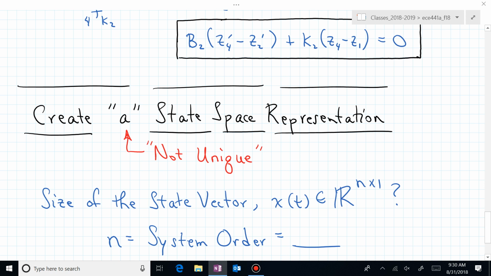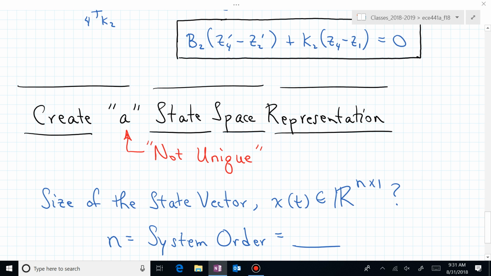Does that make sense? It's just because you might label your system differently than I labeled mine, and you might stack your variables in the state vector differently than I stack them in mine. And that will obviously influence the entries in our matrices describing this system.